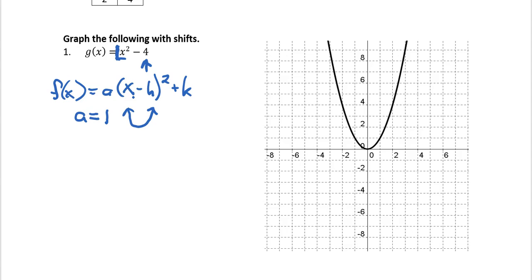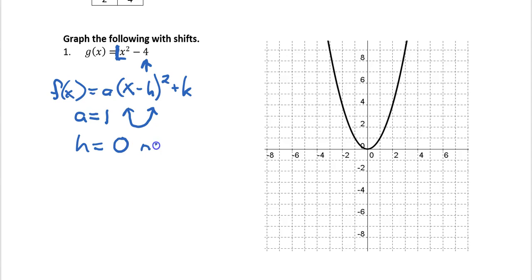The next value we want to identify is h. We will notice that in our equation, g of x equals x squared minus 4, there's no parenthesis. Because there's no parenthesis, our h value is 0, and that means we have no movement left or right.